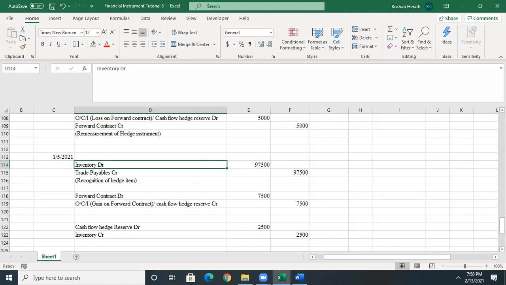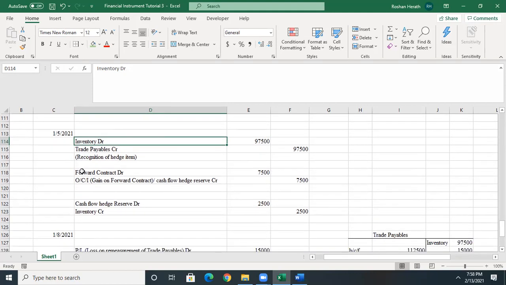ඊට පස්සේ අපි දන්නවා remeasurement එක තියෙනවා hedged item එකේ. It's a kind of a financial, sorry, it's a monetary liability. So in the monetary liability, you remeasure that.